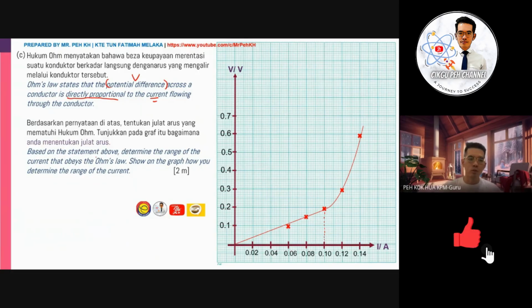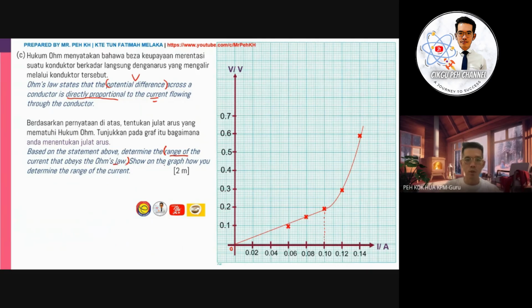The question asks you to give the range where the current obeys Ohm's law. That means at the beginning, with lower current, the temperature is lower, so the tungsten coil, which is the material used in filament bulbs, will obey Ohm's law. So here the range will be 0 to 0.10 because the question asks you to give the range.